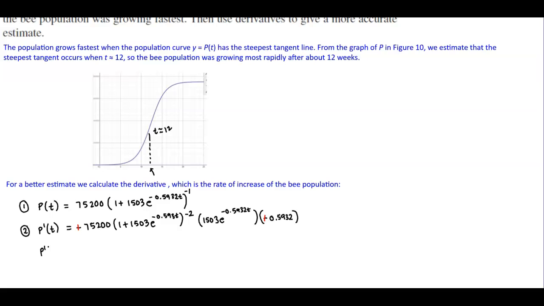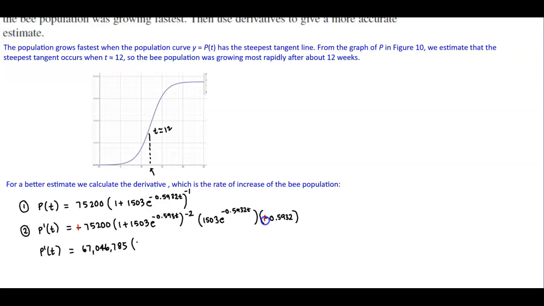Okay, and so now if we multiply everything out, if we take 75,200, multiply that by 1,503, multiply that by 0.5932, then we're going to get 67,785.